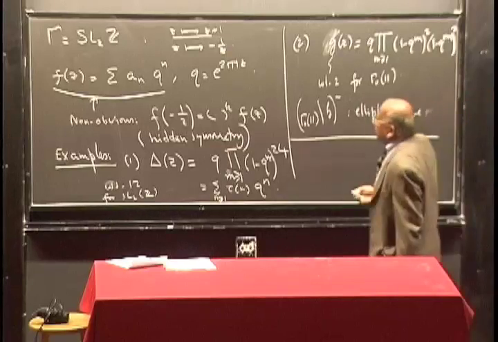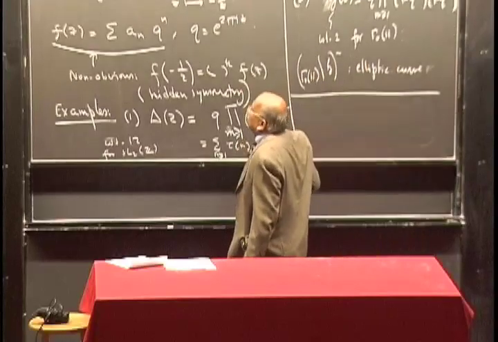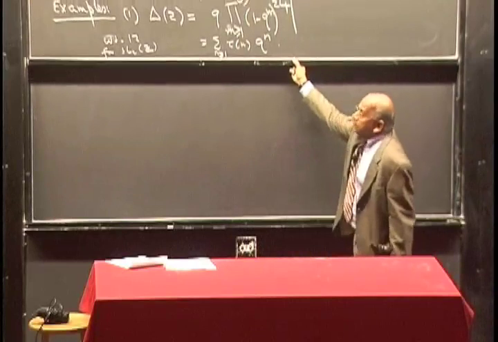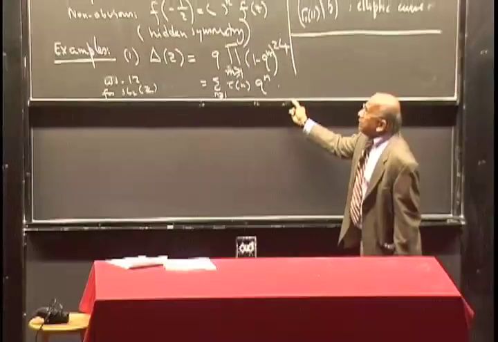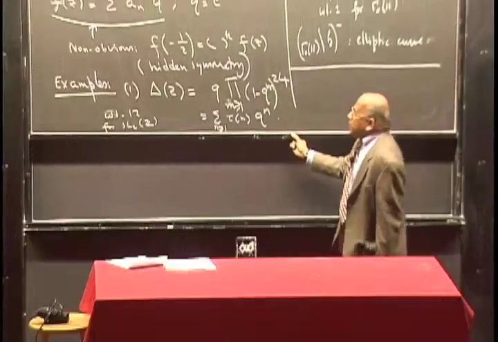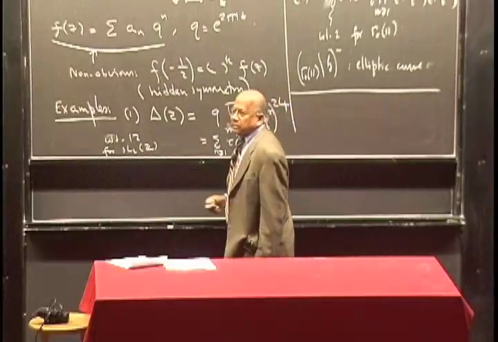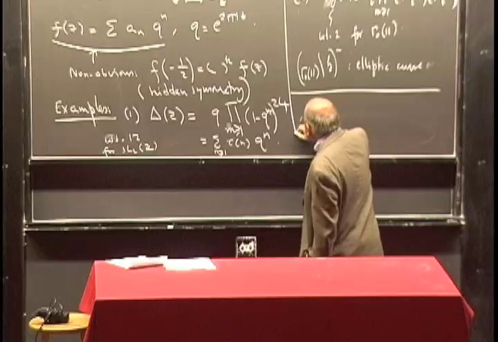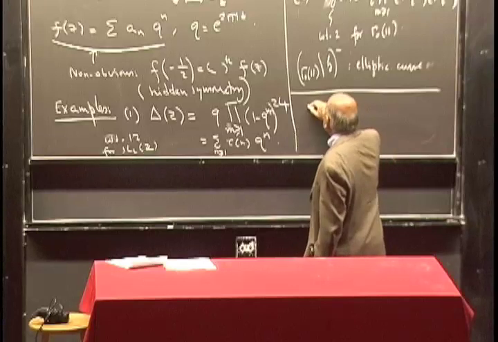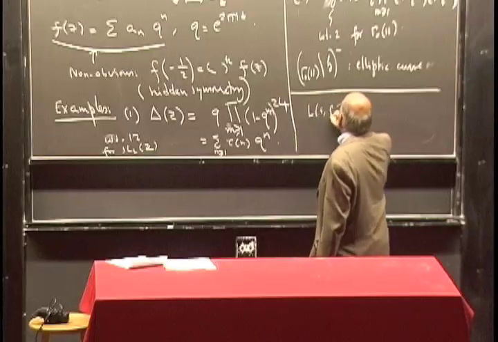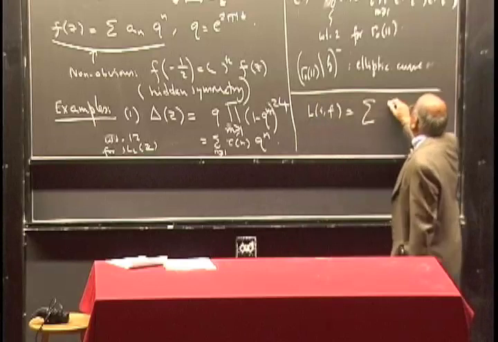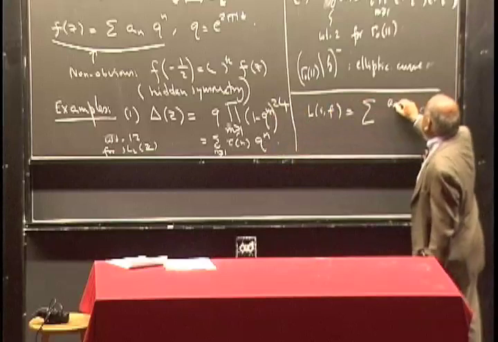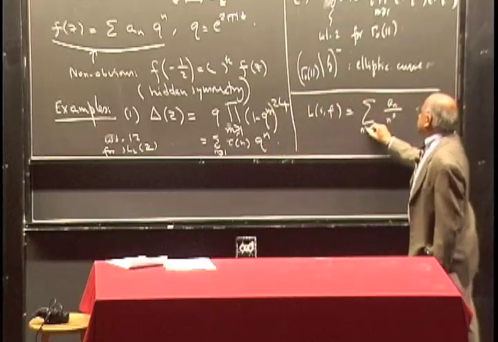And in both cases, one of the ways to prove that it's modular, there are many different ways to prove them actually. One standard way that you learn for this is to relate it to Eisenstein series and so on. But one of the ways to prove this modular is to look at the L functions. You take these Fourier coefficients a_n, and you just take a_n over n to the s.